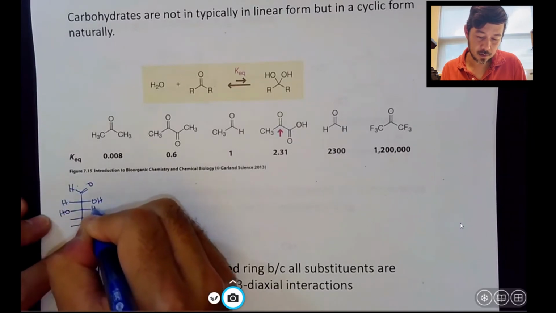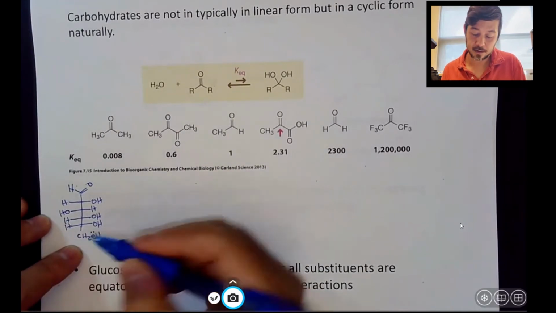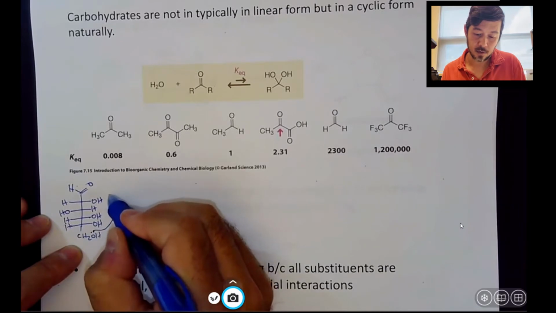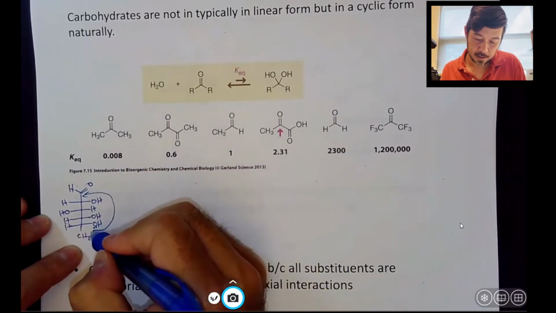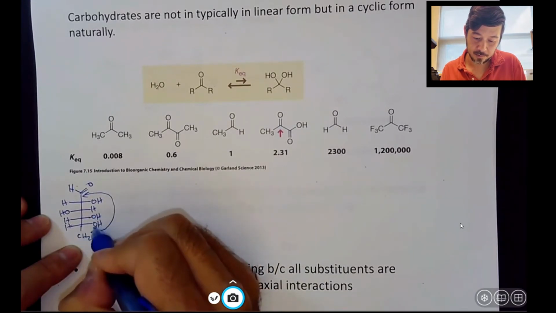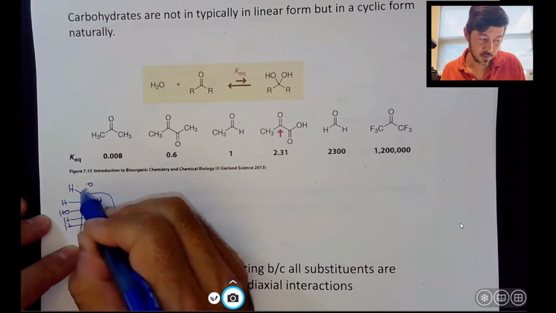And glucose here in its linear form will actually undergo an attack from this hydroxyl group here to form a 1, 2, 3, 4, 5, 6-membered ring.